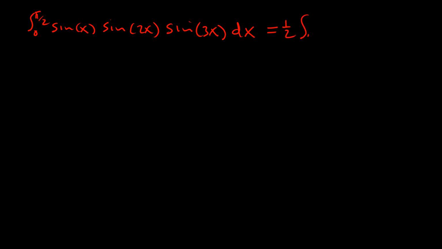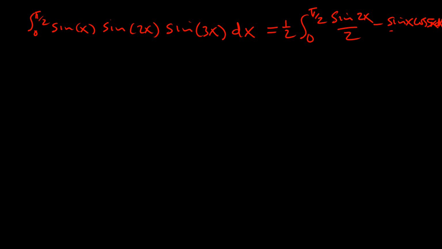So now that we've seen our integral of sine x sine 2x and sine 3x being equal to a half of sine 2x over 2 minus sine x cosine 5x dx.